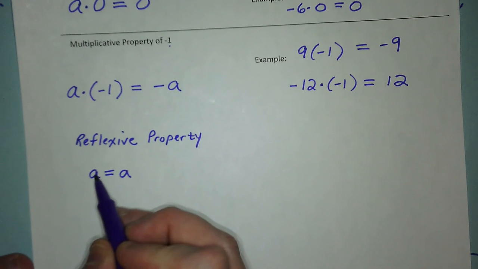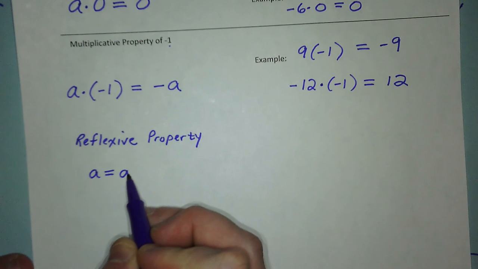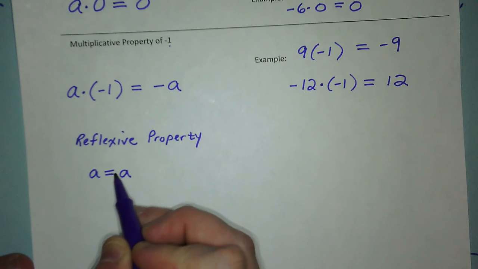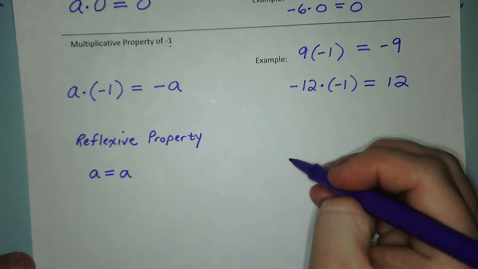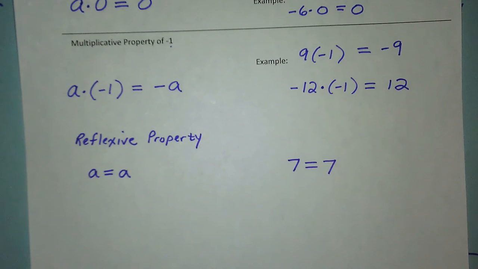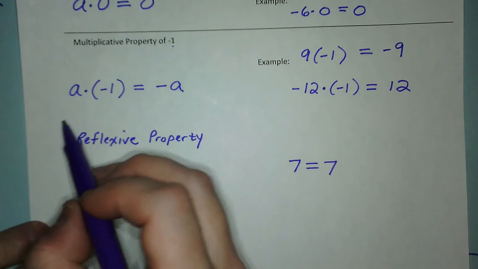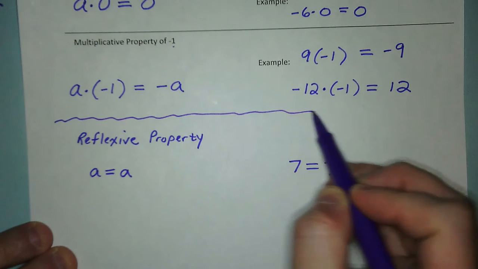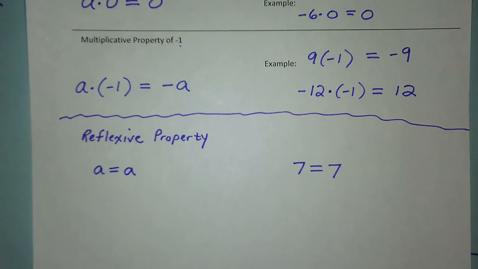So a looks in the mirror and it sees itself, like any number equals itself. Like, 7 equals 7. And that's what can be called the reflexive property. So if I was going to add one more property to this list, it would be the reflexive property.